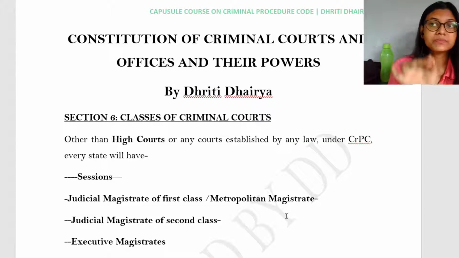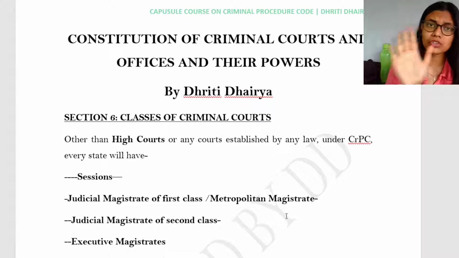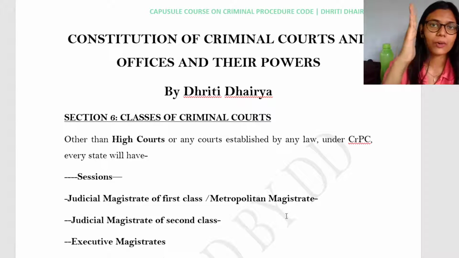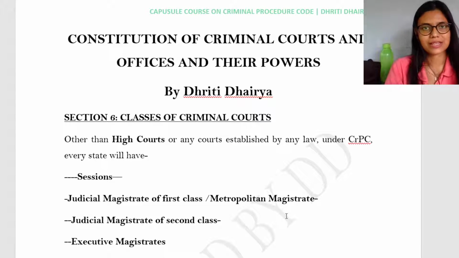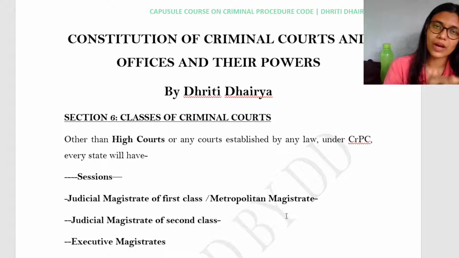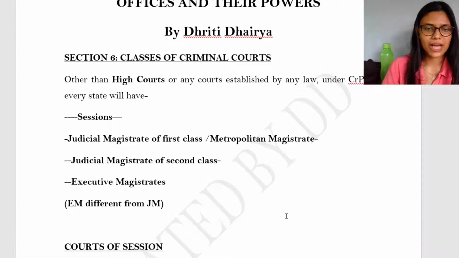You need to remember that an executive magistrate is different from a judicial magistrate, and both of them perform very different functions. So section 6 is telling you about the classes of criminal courts: the high court, sessions, judicial magistrate class 1 or a metropolitan magistrate, judicial magistrate class 2 and the executive magistrates. Let's go deep dive into it.